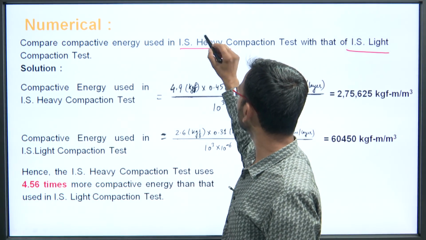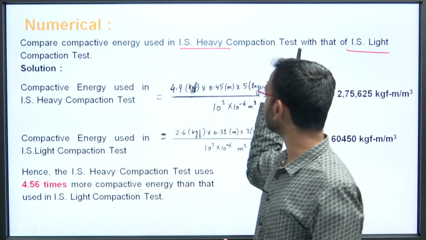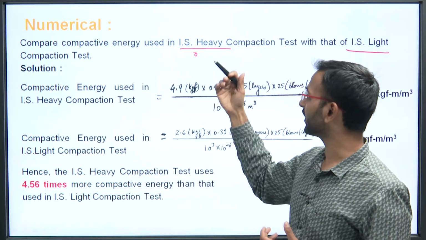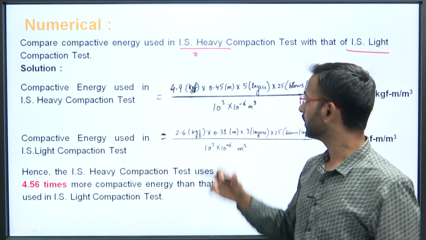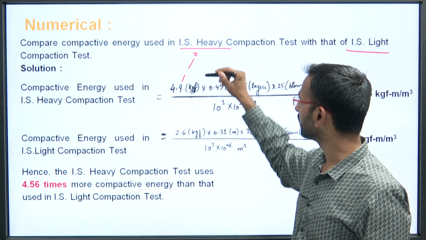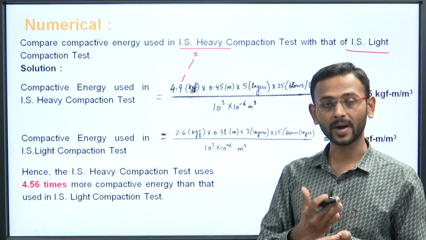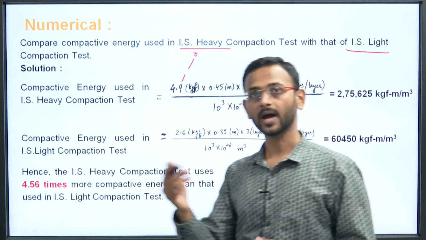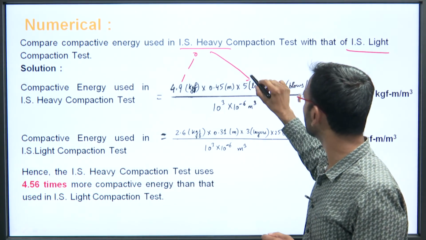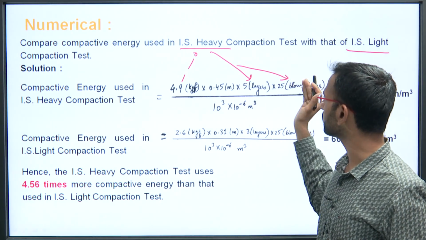So see, in the IS heavy compaction test, there were some different specifications for conducting the test. What did you use? You used the 4.9 kg rammer, you compacted the soil in 5 layers, and in each layer you provided 25 blows.